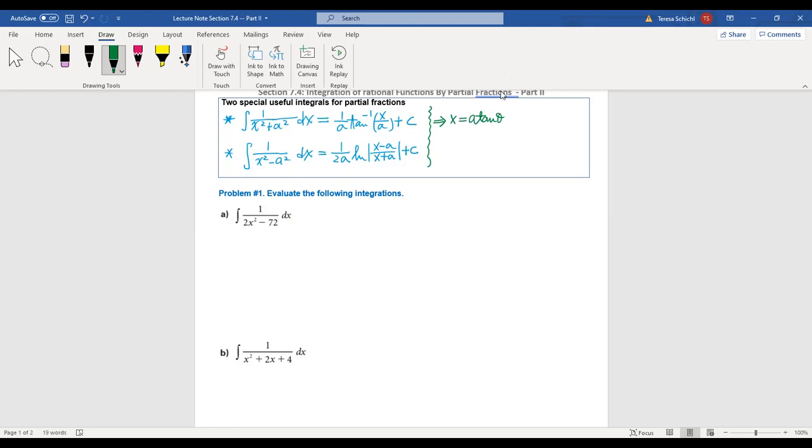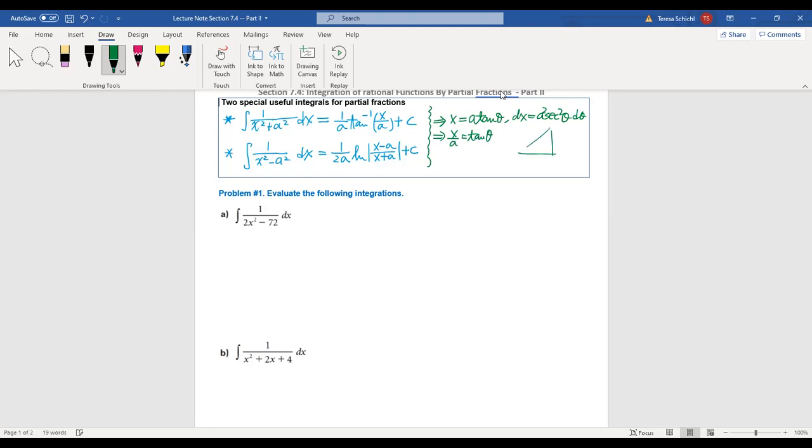Then dx is equal to a secant squared theta d theta, and you also can see x over a is equal to tangent theta, right? Like we did before in the trig substitution.